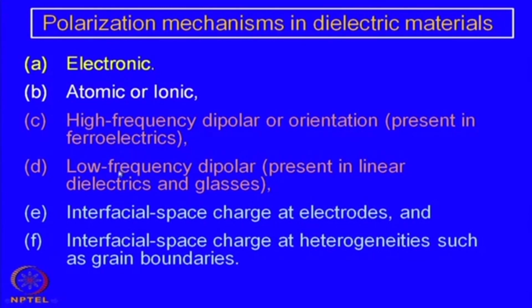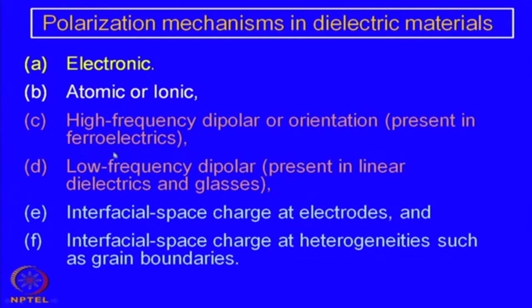One is high frequency and the other is low frequency. So, high frequency dipolar or orientation polarization is present normally in ferroelectrics as I mentioned earlier, and low frequency dipolar is present in linear dielectrics or sometimes in glasses. So, there is a subclassification of this orientation polarization. In both these cases there are already permanent dipole moments present, but they are of different nature, and so there is a subclassification here.